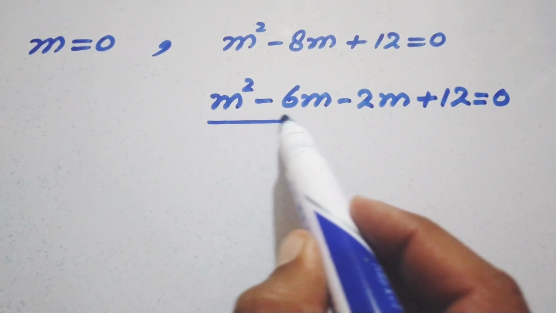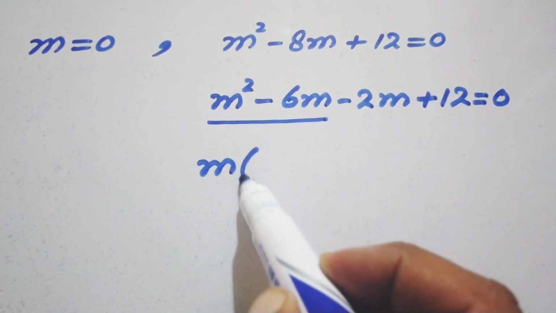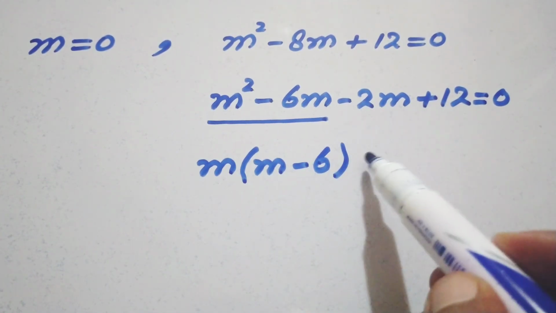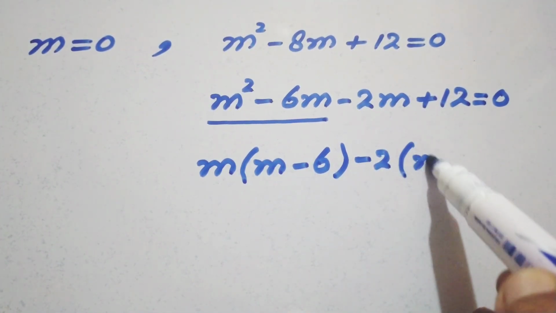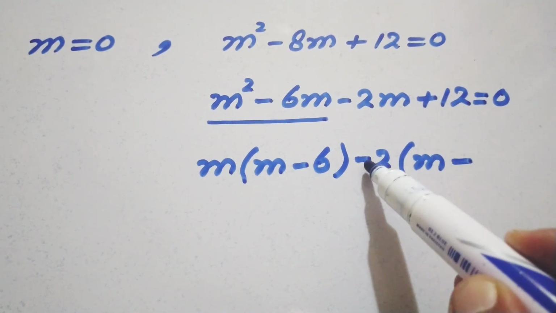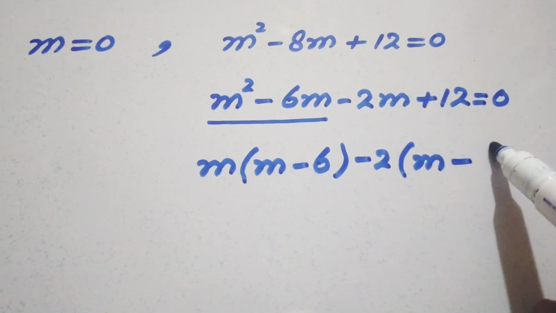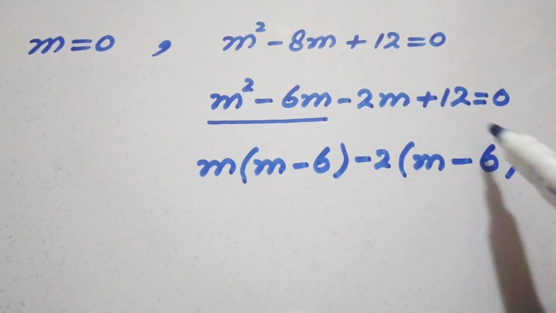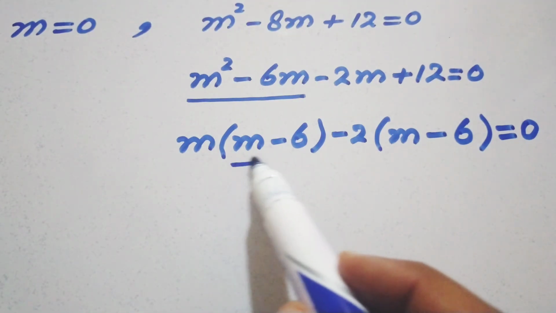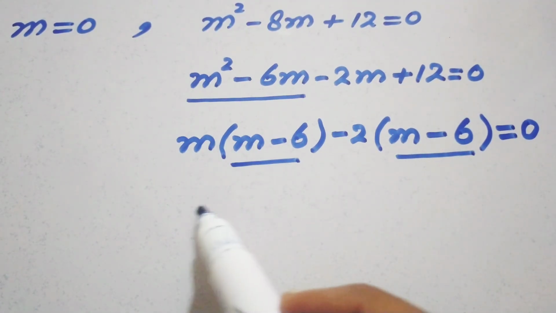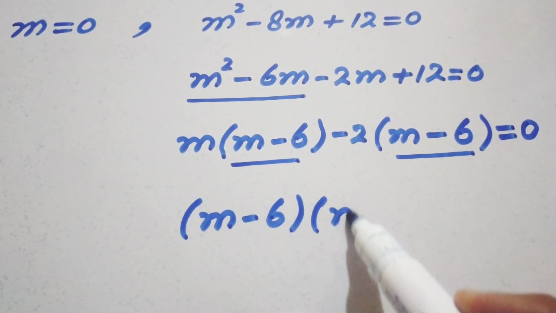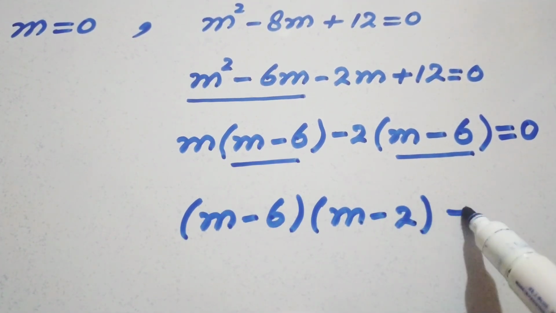So now take m as common from first two terms and inside m minus 6, and when we take minus 2 as common, inside m, minus multiplied by minus gives us plus 2 multiplied by 6, which is 12, is equal to 0. Now m minus 6 is a common factor, and the second factor is m minus 2 is equal to 0.